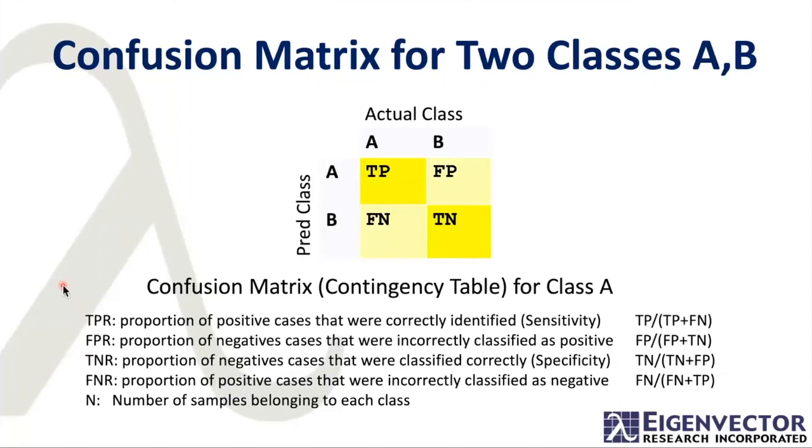For a two-class problem, the traditional way of viewing the results is to look at the true positives, the true negatives, and false positives and false negatives. So in this little square table for two classes, you would like to see just non-zero numbers on the diagonal, but of course that won't always be the case.